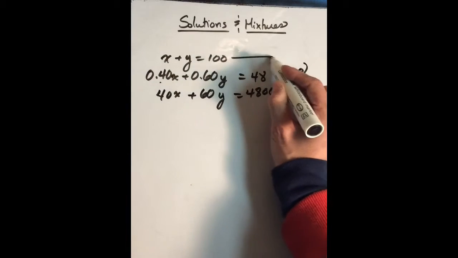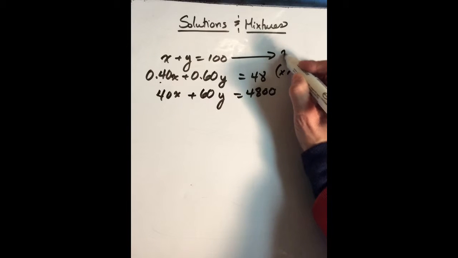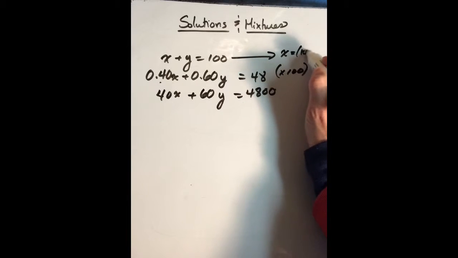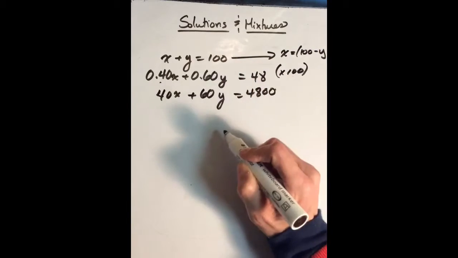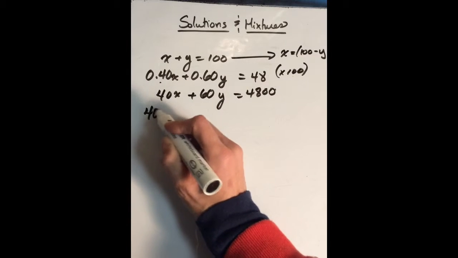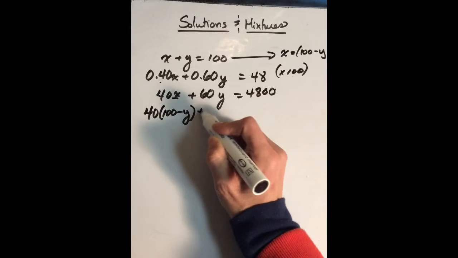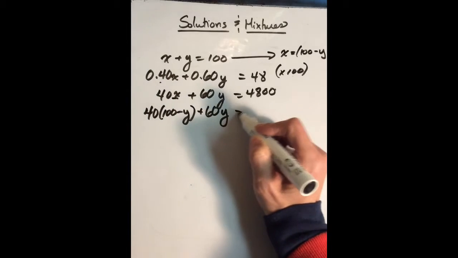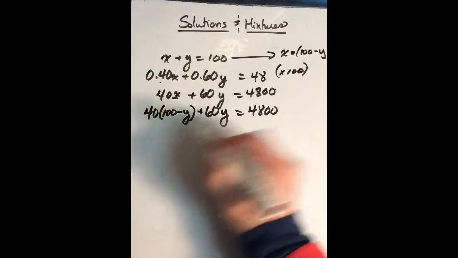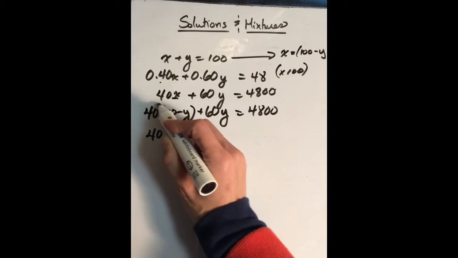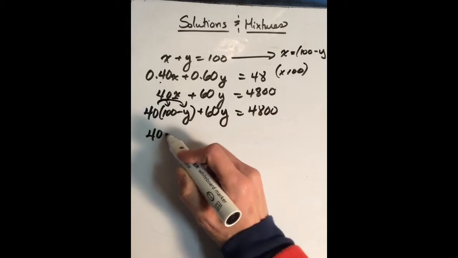We can use substitution. That could be the easiest one, and put X is equal to 100 minus Y. I can plug that into here: 100 minus Y for the X plus 60Y is equal to 4800. Do all the math. Use the distributive property.